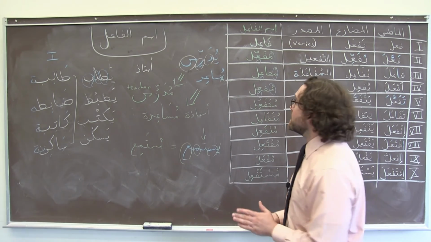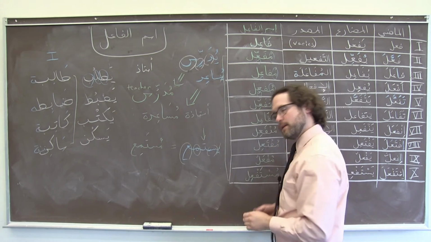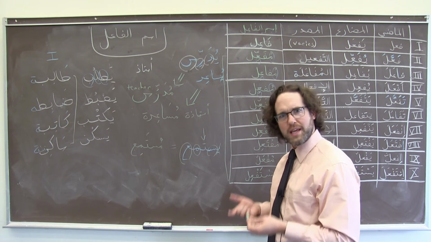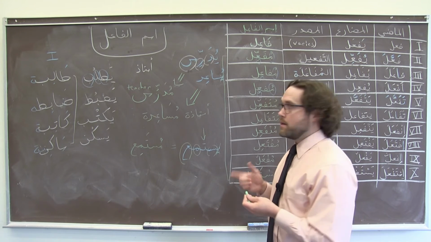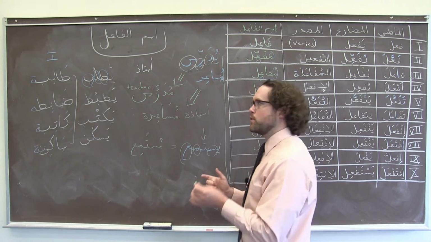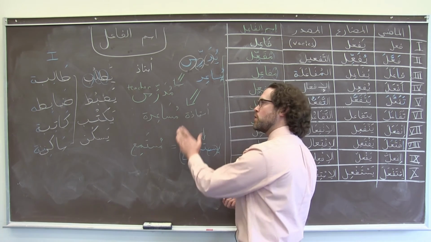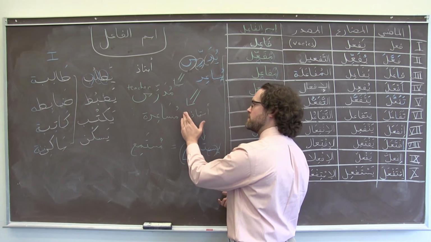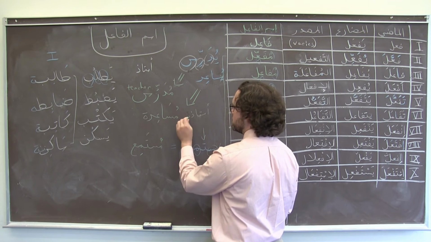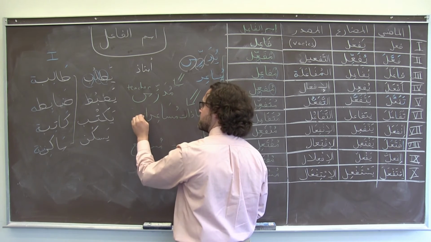If we want to make any of the derived forms plural, forms 2 through 10, there's great news. We can do that by tacking on the normal regular plurals, the waw noon or ya noon paradigms for masculine or mixed groups, and the alif ta for feminine groups. So if I wanted to talk about a lot of female assistant professors, I could just say أستاذات مساعدات.